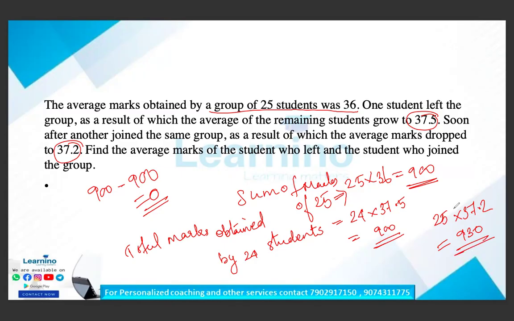So marks obtained by the new student who joined the group will be 930 minus 900 equal to 30 marks. 30 marks will be the new joined student's mark.